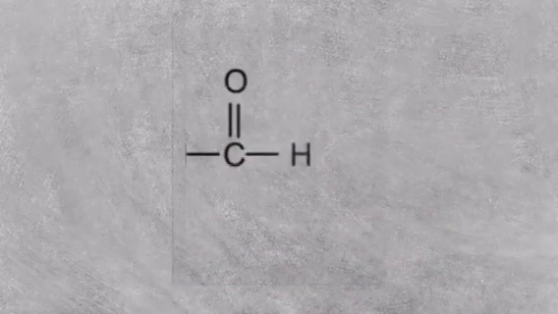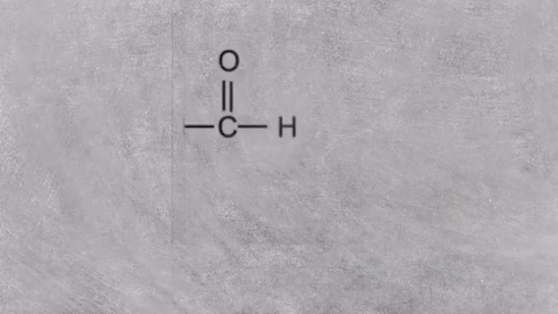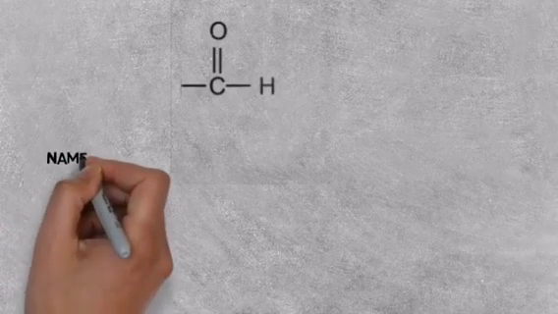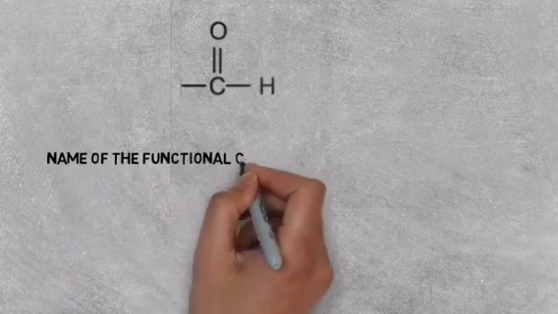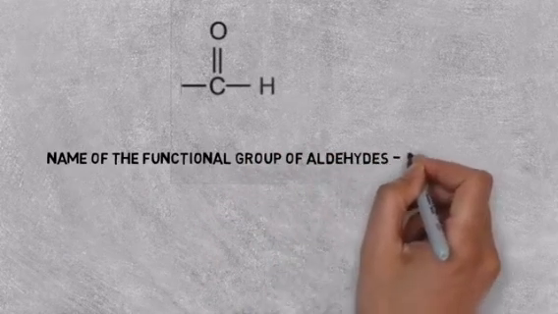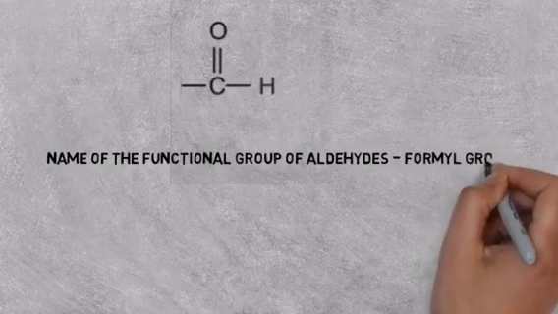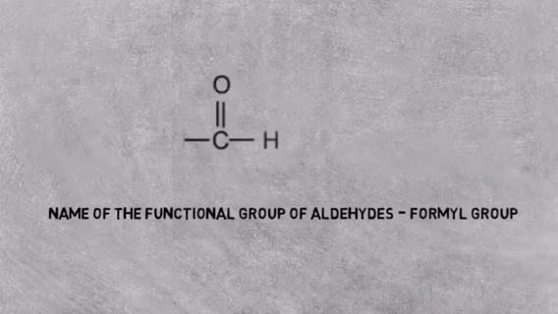If they want you in an exam to write down the structural formula of the functional group of aldehydes, this is what you must write, or this is what you must draw. Then the name of the functional group of aldehydes is very important for you to know. It is known as a formyl group. Very, very important.